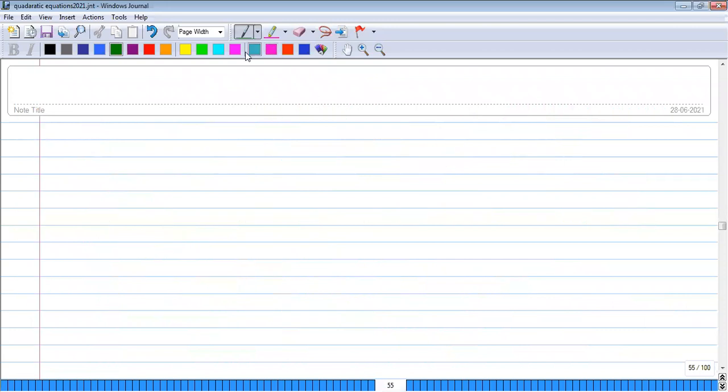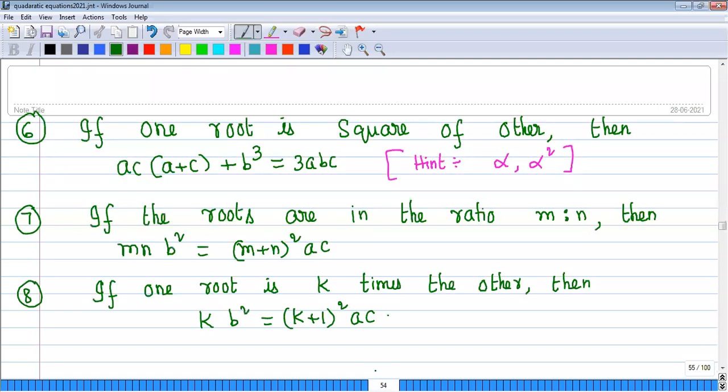So now we shall have the show previous page, sir. Okay, sir.